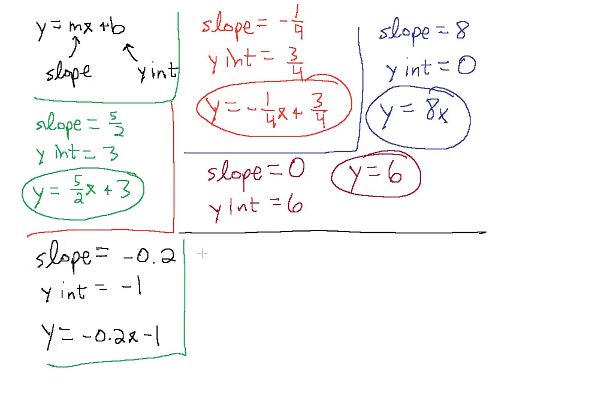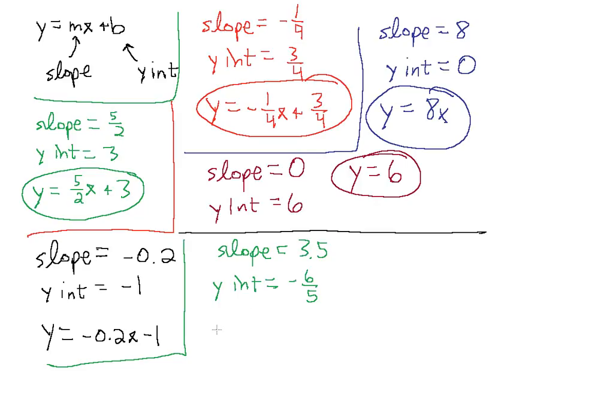Let's run through one more example. Let's say our slope is 3.5, and our y-intercept is minus 6/5.